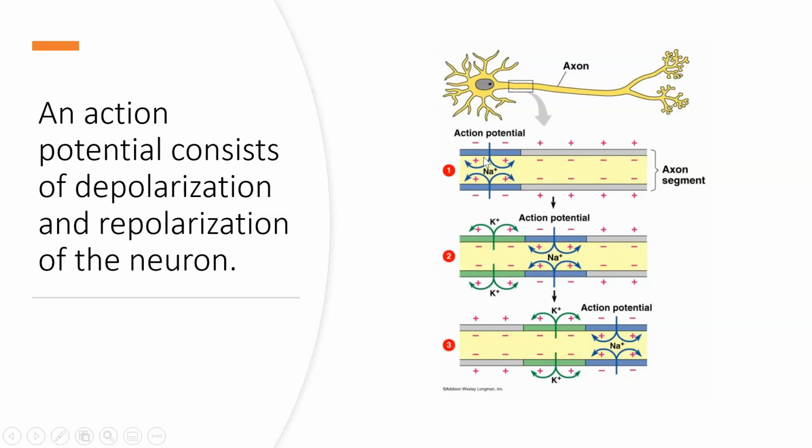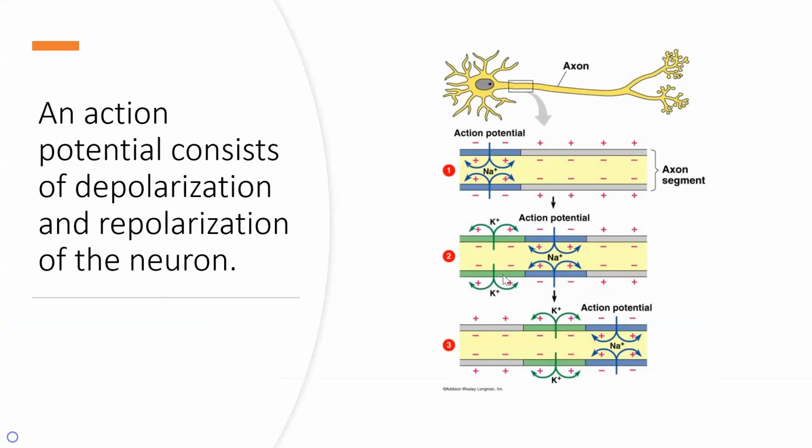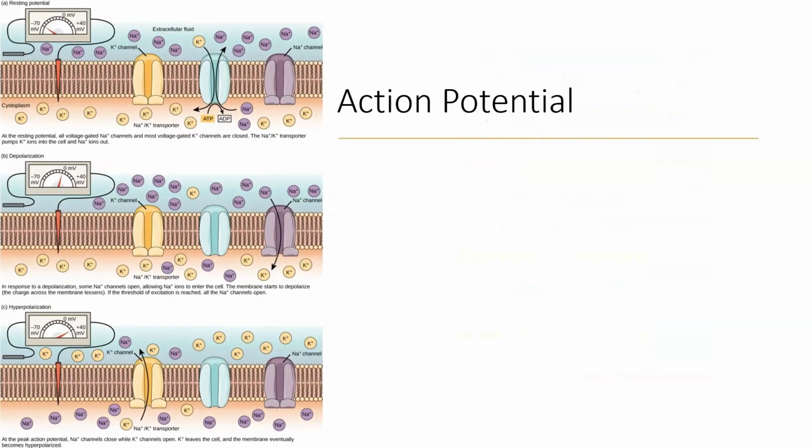And then, because this area is higher charged than this area, it passes along. And as the sodium passes along, the potassium then is moving out and again making that potential difference. And that's our depolarization and repolarization. Okay, so action potential.